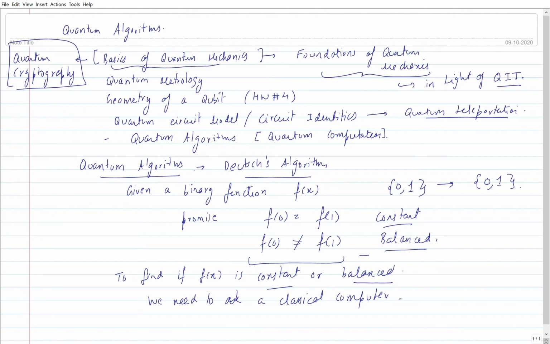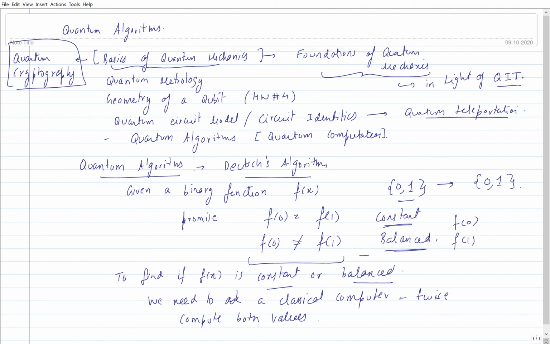If I have a function f(x), I'll have an f(0) and an f(1). I'll have to ask the classical computer twice. Only then I'll be sure. Then I'll compute both values and answer my question: either the function is constant or it's balanced.